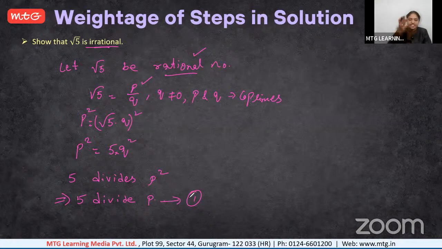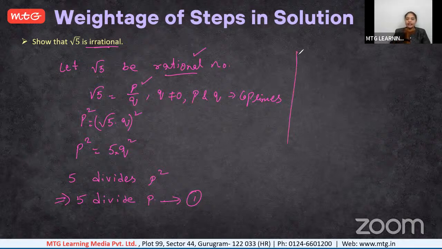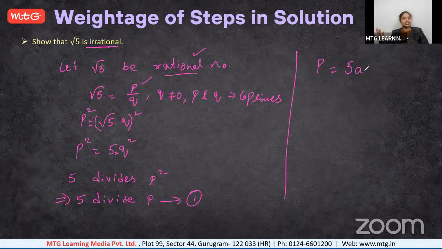Now, when 5 is a factor of P, I can write P is equal to 5A, because if I multiply 5 with some positive integer, I get that P. Here, A is a positive integer.